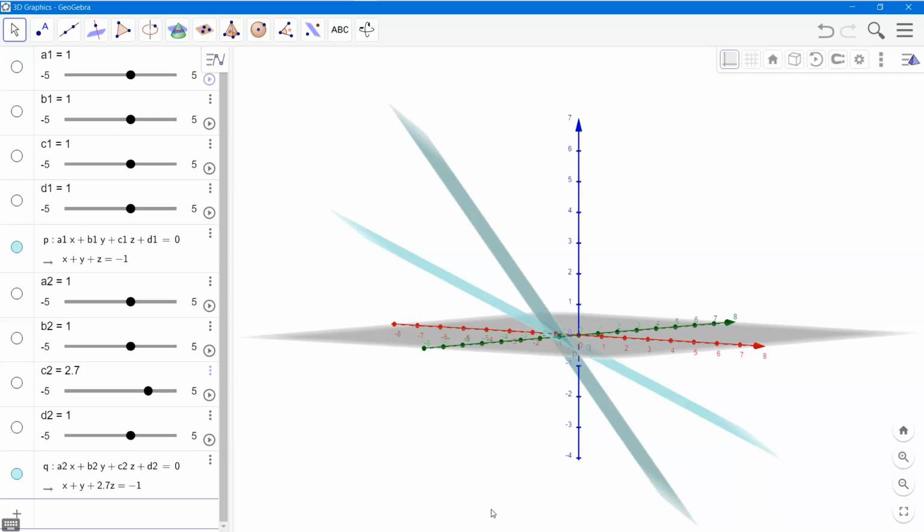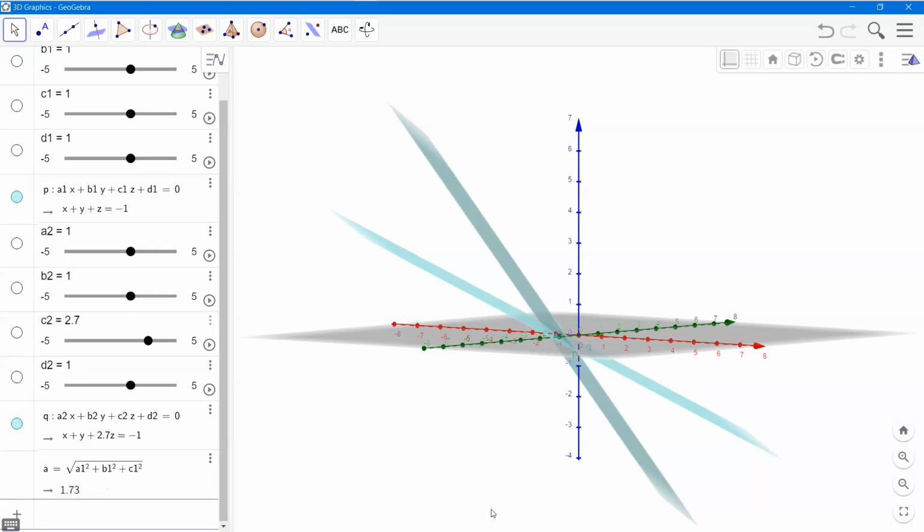So let's first figure out the distance. That would be square root of a1 square plus b1 square plus c1 square.